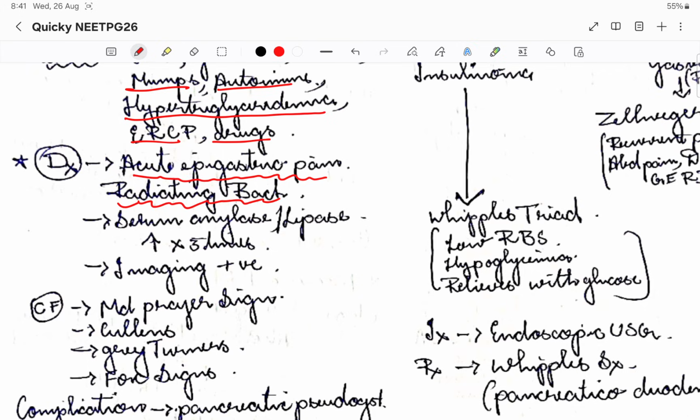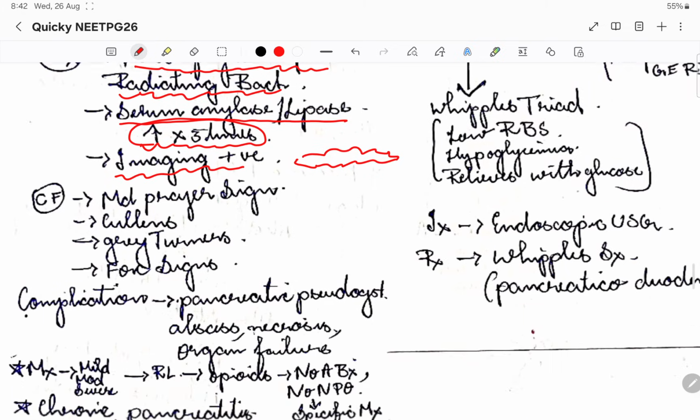So that is why acute epigastric pain radiating to the back should go for ultrasound, and then that should be diagnosed. Okay, before doing that we'll also be sending all the blood values, right? So here serum amylase and lipase will be raised more than 3 times the normal value. Okay, then coming to imaging, it will be positive with respect to pancreatitis, the pancreas looking inflamed.